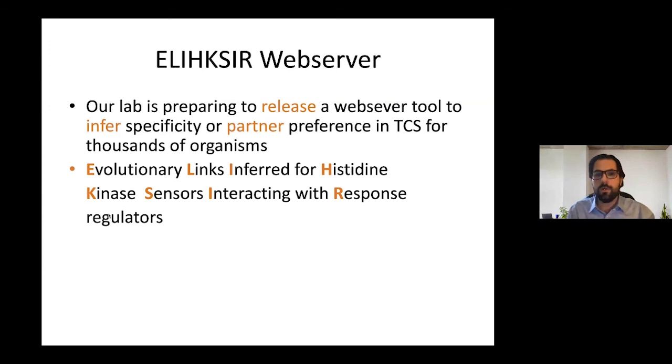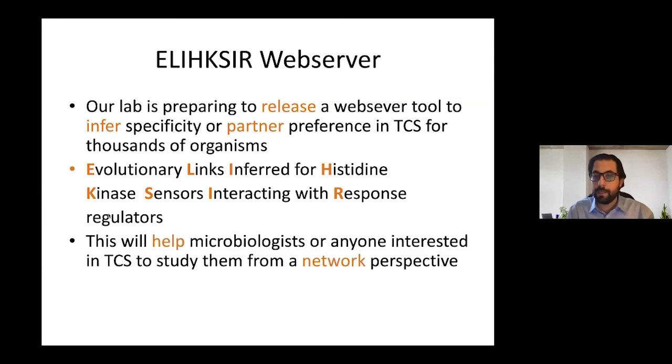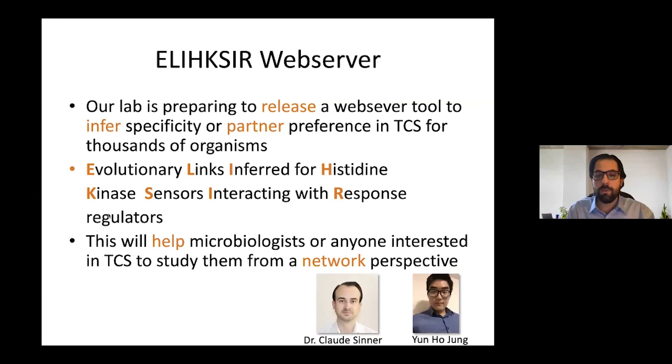So we call this Evolutionary Links Inferred for histidine kinase sensors Interacting with response regulators, or ELIXIR. It's going to be useful to study from a network perspective how these interactions happen. This was developed by Dr. Claude Sinner, a postdoc in my lab, and also a student, Yun Ho, who's been working on this.